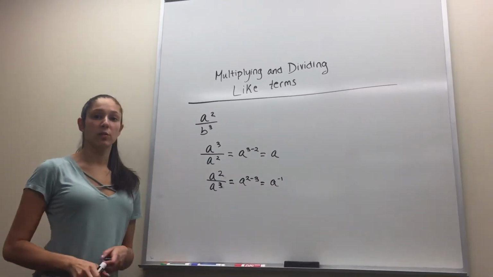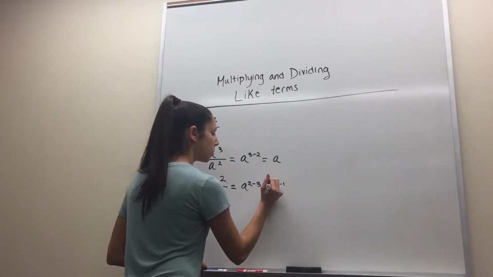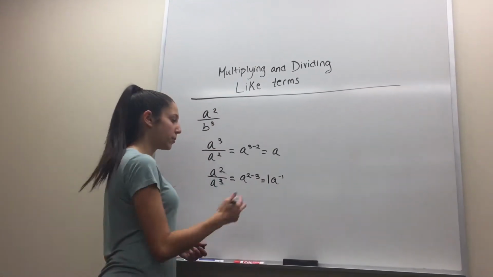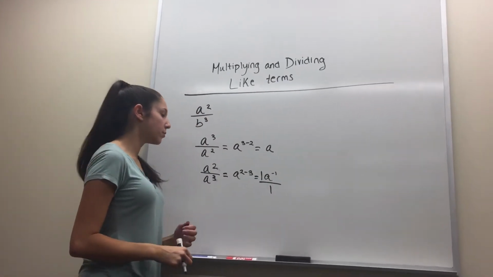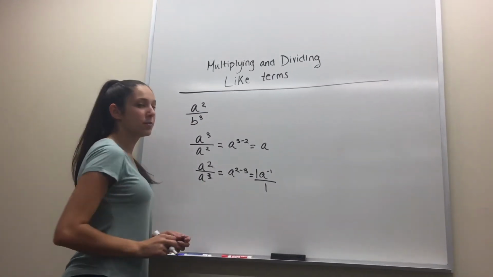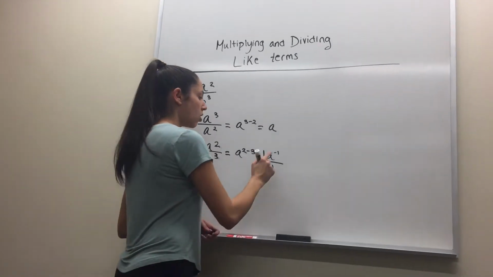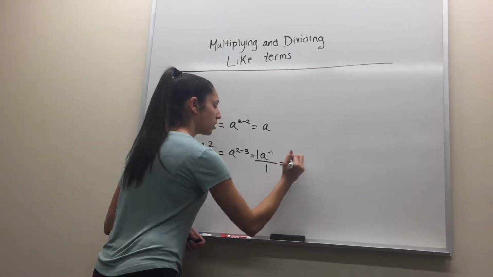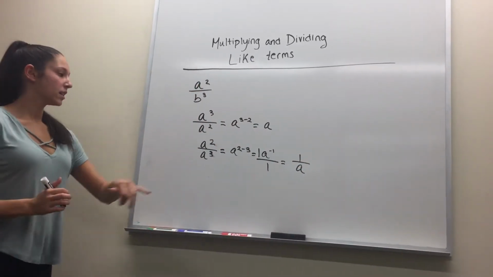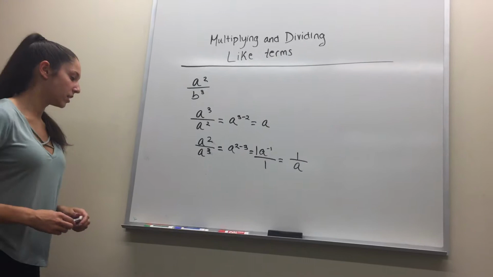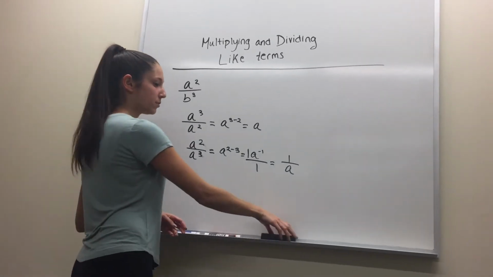Now instead of leaving it in terms of -1, what we could do is put our coefficient 1 in front of it, because that's always there, and divide it by 1, since a number can always be divided by 1. Now, in order to make this look without the negative, all we're going to do is bring down our number, bring down our letter a, and we get 1 over a. So that's how we get our negative into the denominator and make it a positive.